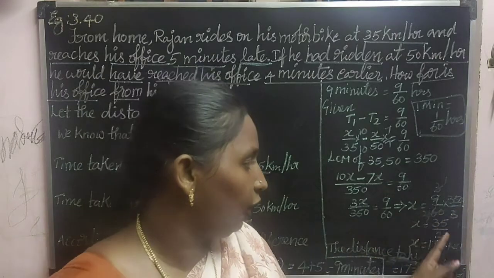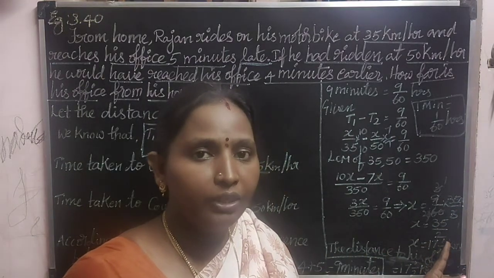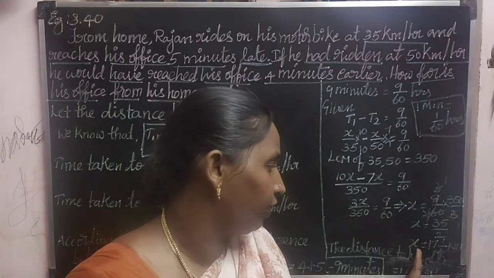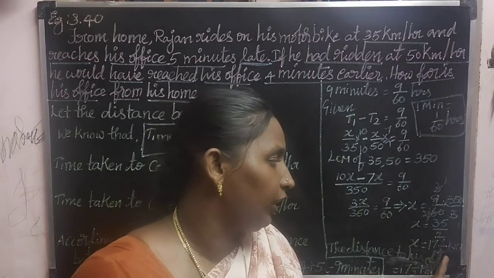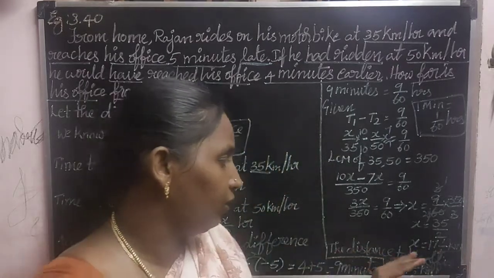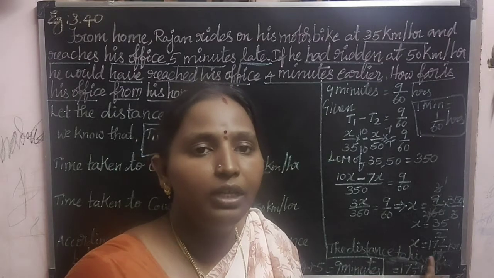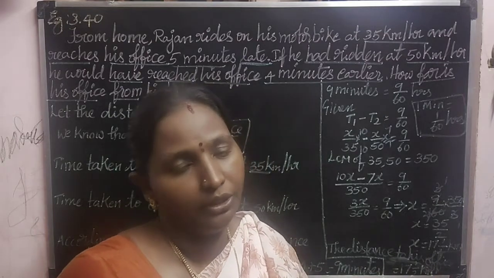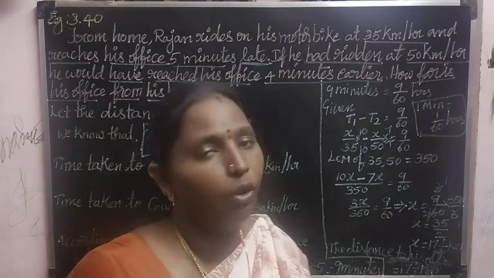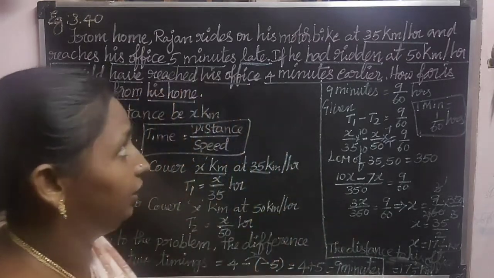So I will get 35 by 2. 35 by 2 is an improper fraction, convert it into a mixed fraction. You will get x equals 17 1 by 2 kilometer. Therefore, the distance from his home to his office equals 17 1 by 2 kilometer. We may also write 17.5 kilometer, that is also correct. Okay, so did you understand this sum?